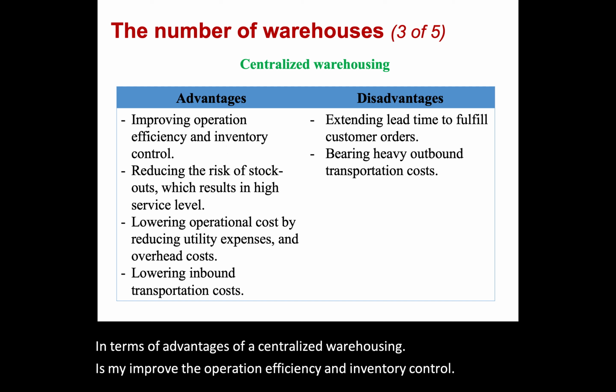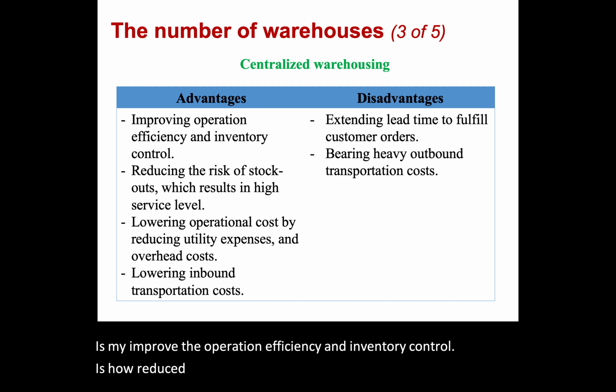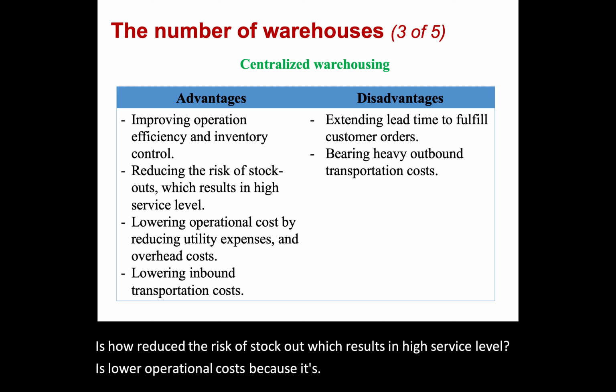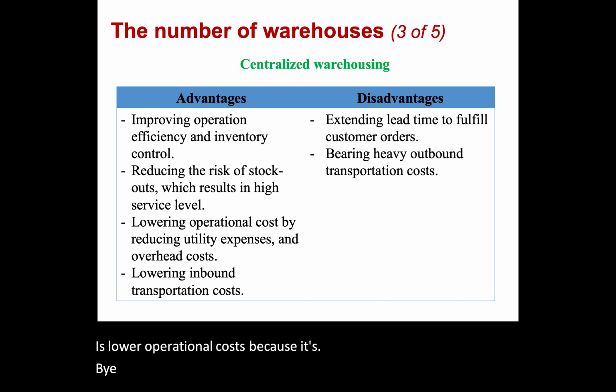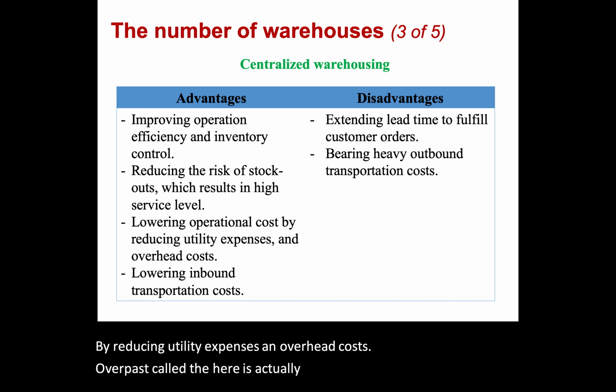It helps reduce the risk of stock out, which results in high service level. It has lower operational costs, because it reduces utility expense and overhead cost. Overhead cost here is actually the cost for the labor.